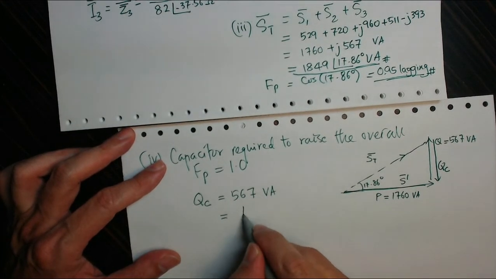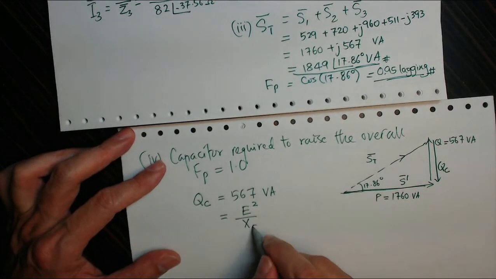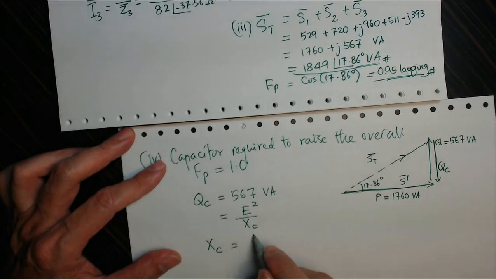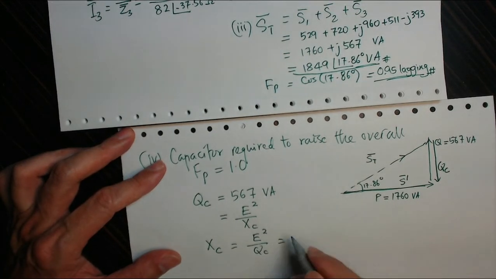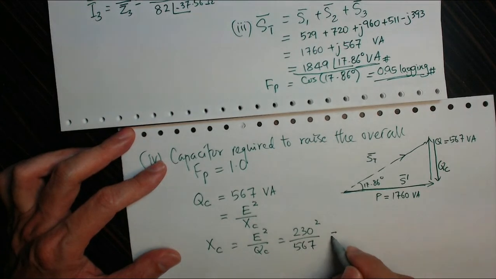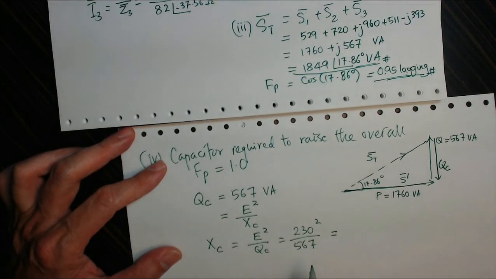This is also equal to E squared over XC, which means I need an XC of E squared over QC. That's equal to 230 squared divided by 567.